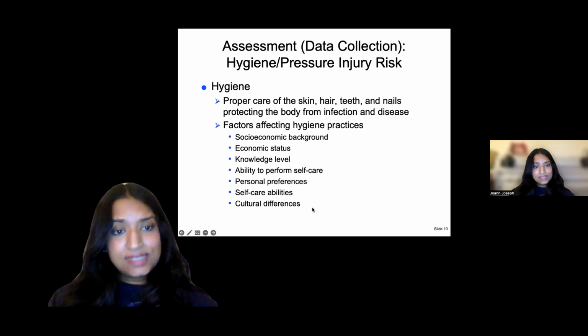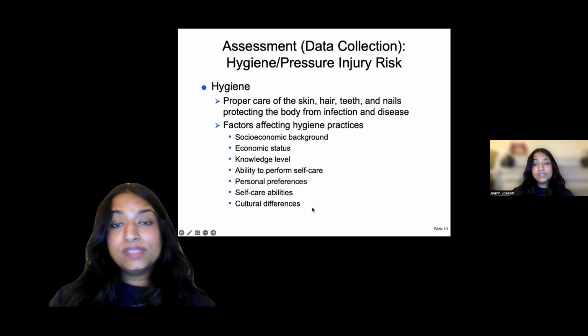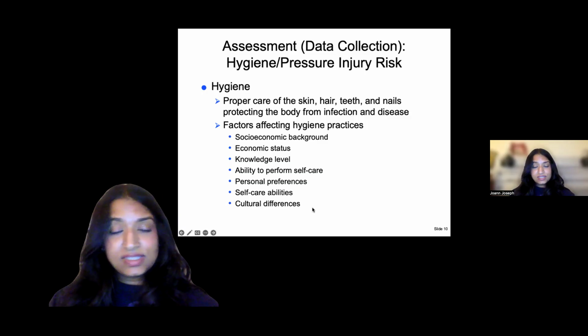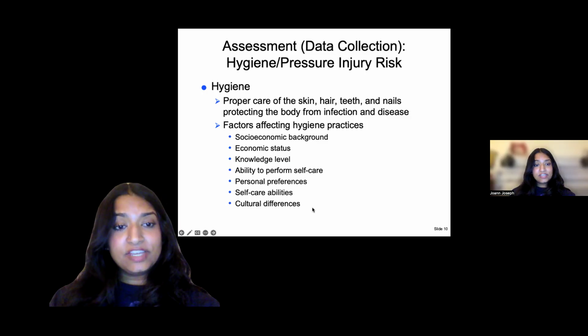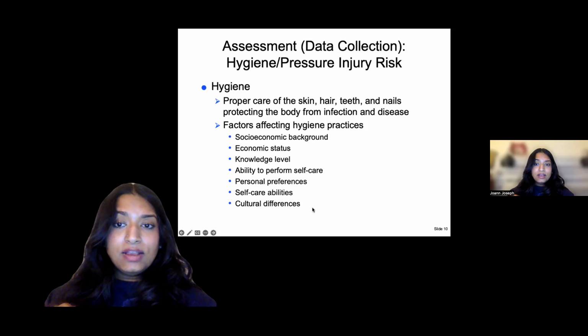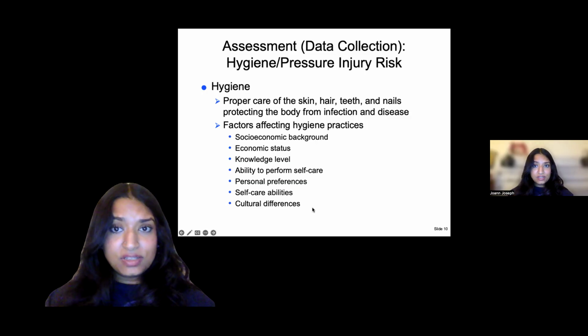You also want to assess their ability to perform self-care. Do they need help as a patient? Personal preferences, as I spoke about already, and then self-care abilities. That's a repetition of two bullet points, and then cultural differences, as I already touched on as well. Something that I would have noted here is mental health.